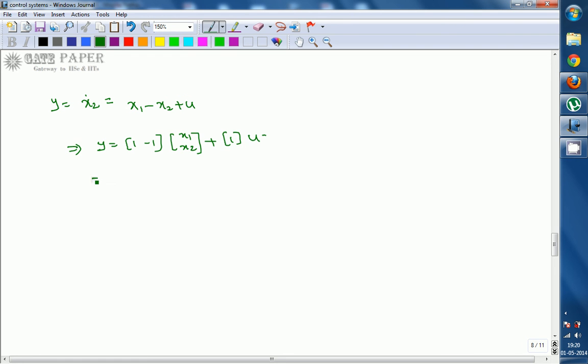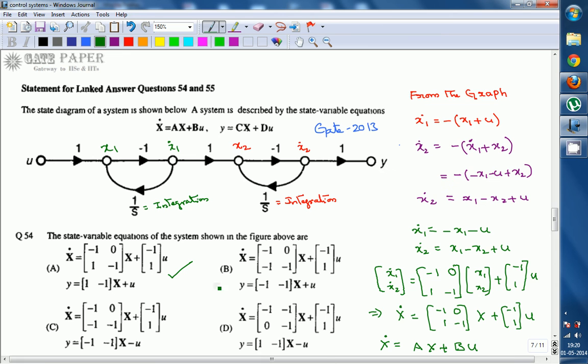So we will write it as y equals to 1 minus 1 and the matrix x, plus 1 multiplied with u. That is the answer in the first option, y equals to 1 minus 1 multiplied with matrix x plus u. So option A is the correct answer here.